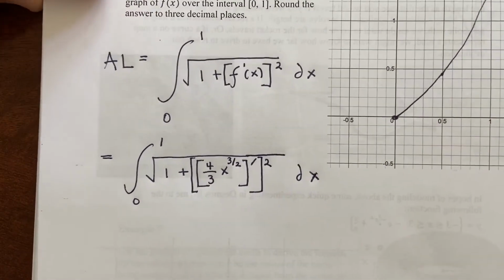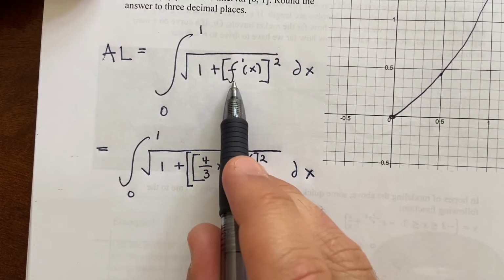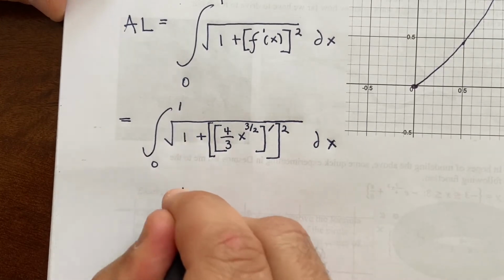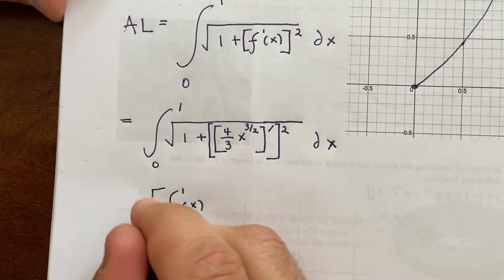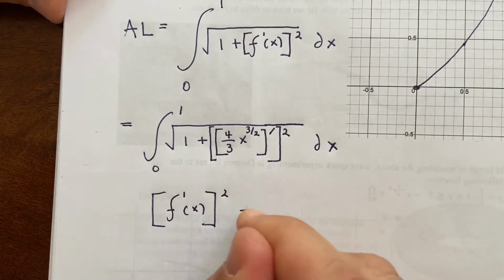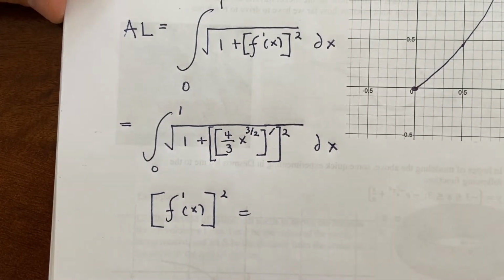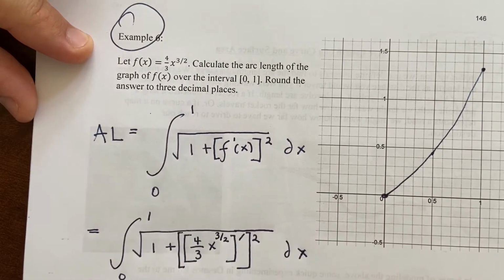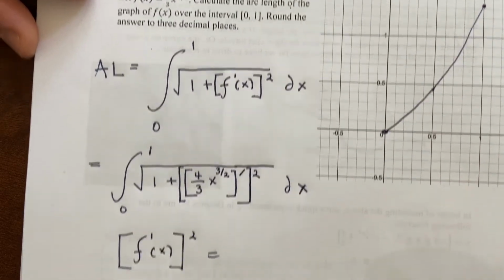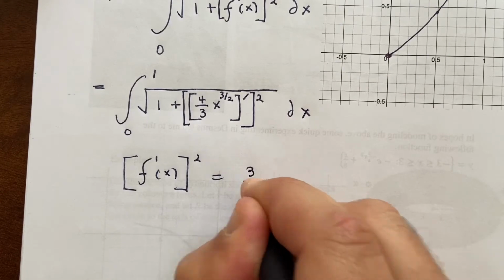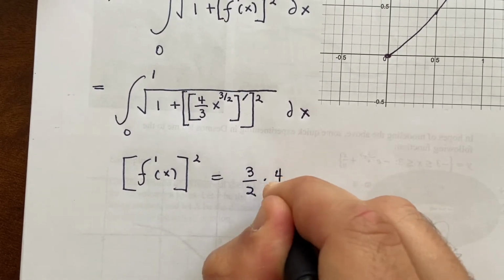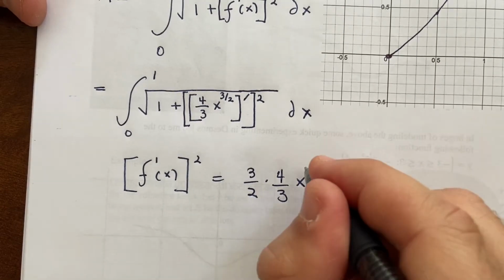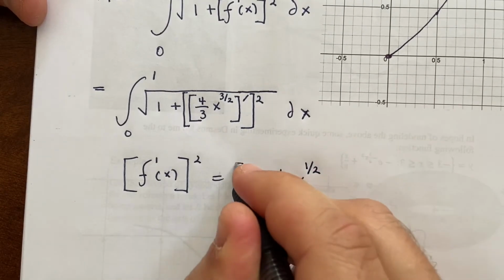So what I'll do is I'll do the derivative squared part separately. So let's calculate f prime of x squared. So f prime of x, if I look at the function, take its derivative, so I'll multiply down by 3/2 and so on. So 3/2 times 4/3 x, and then we need to reduce 3/2 by 1, so that'll be 1/2.